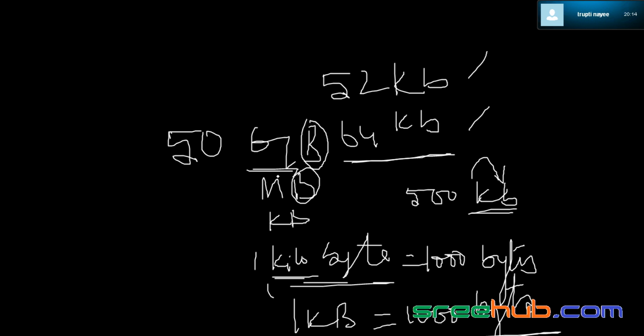That's why whenever you say kilobyte, 1 kilobyte is nothing but 1000 bytes, and a byte is nothing but a memory in your hard disk. We say 50 GB. So now whenever I say 1 kilobyte, it means 1000 bytes. Fine.